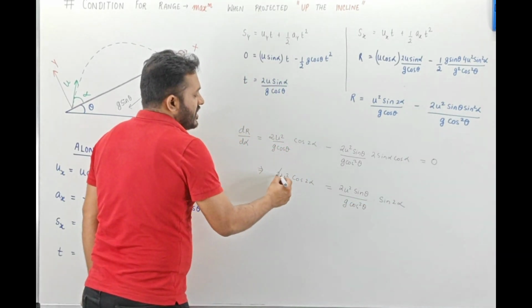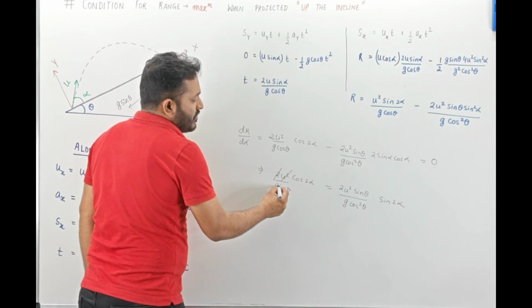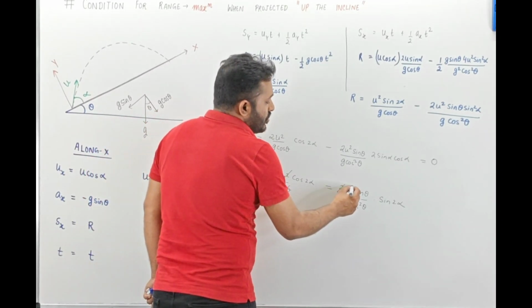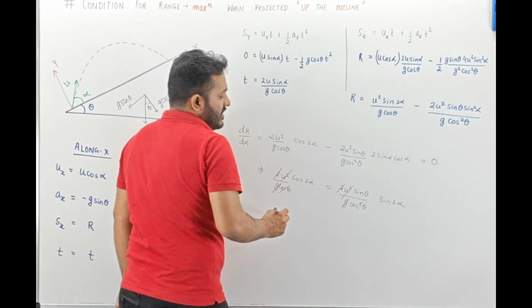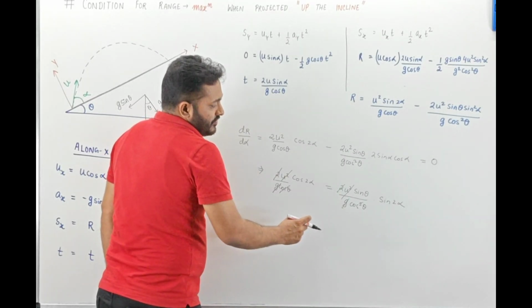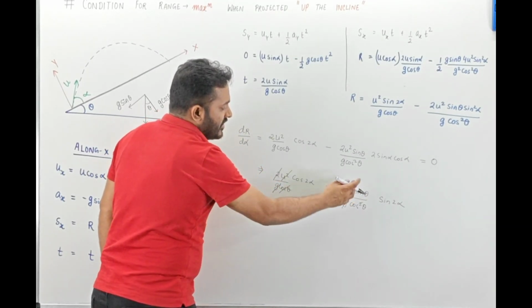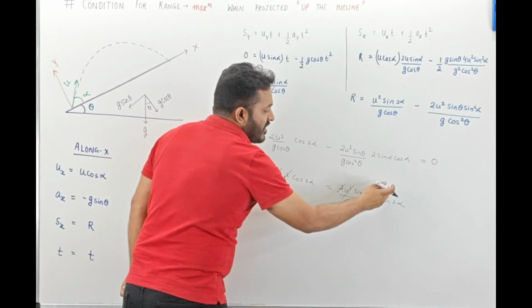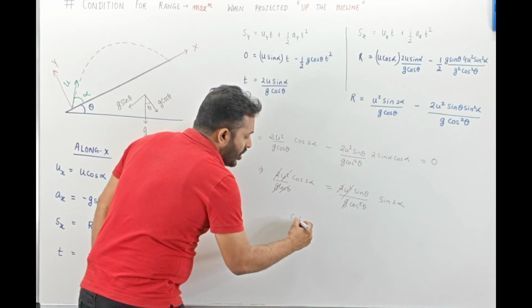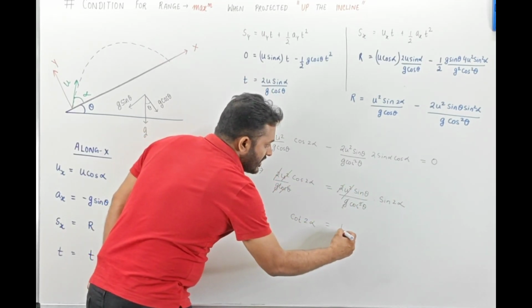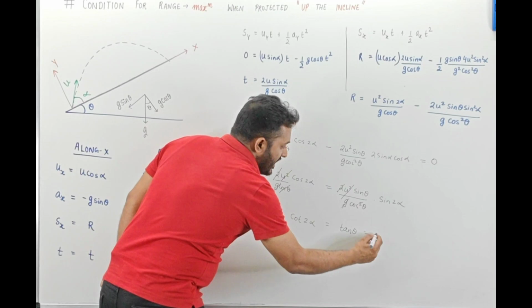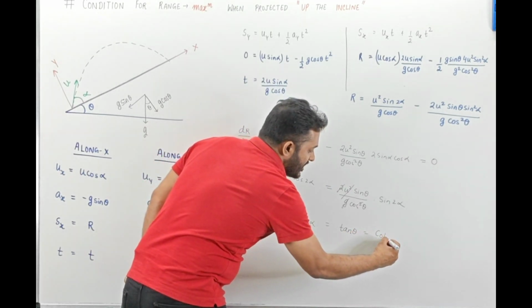So over here if we remove these expressions, 2u square by g cos theta, we are left with sin theta by cos theta or tan theta, and cos 2 alpha by sin 2 alpha or cot 2 alpha is equal to tan theta, and we can write tan theta as cot 90 minus theta.